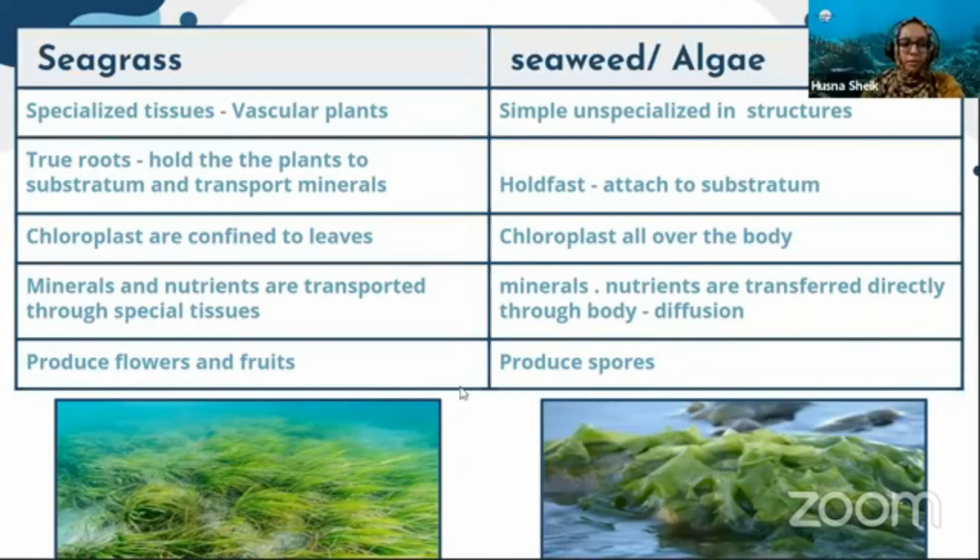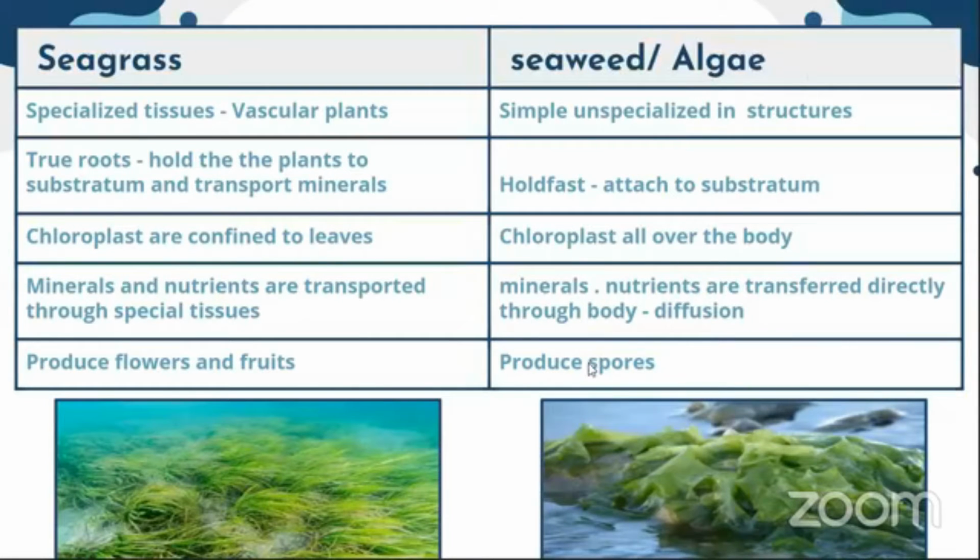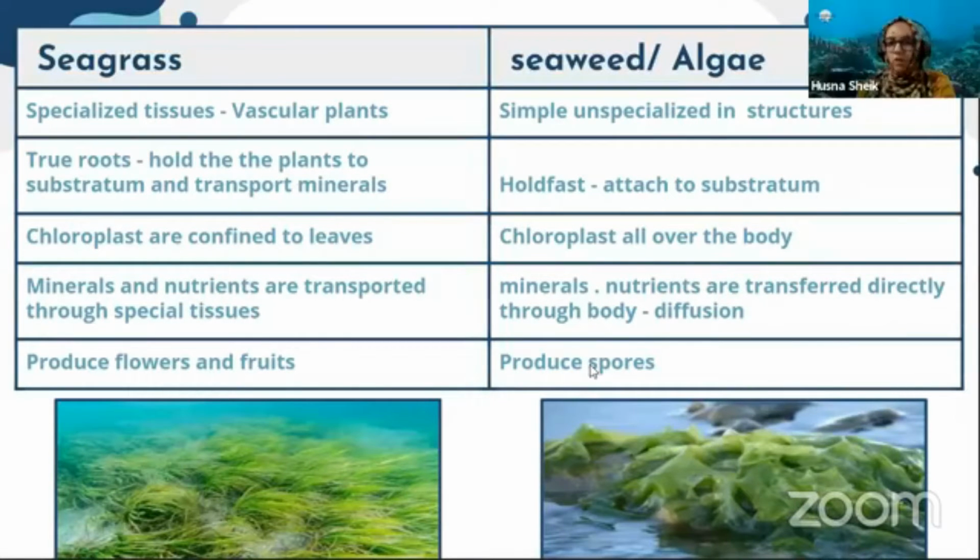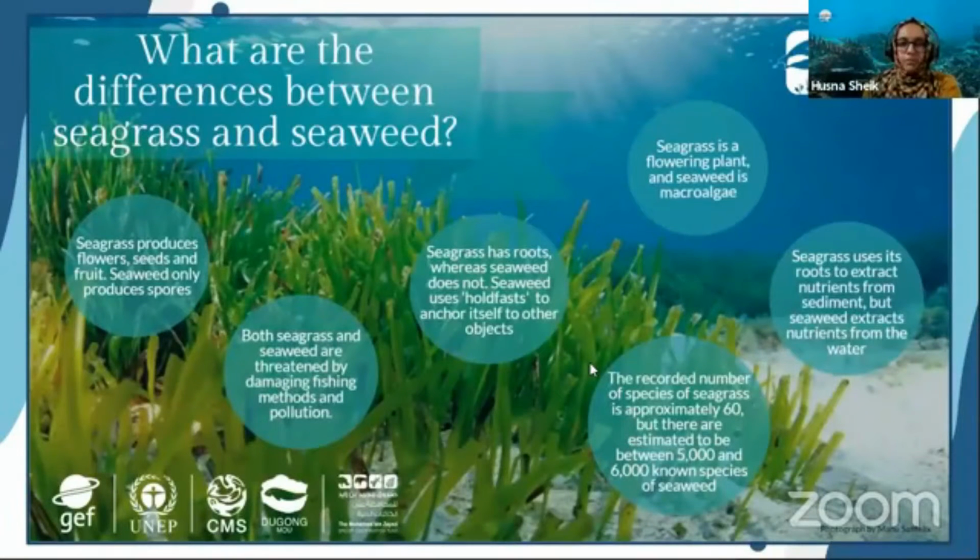Minerals and nutrients are transported through special tissues in seagrass. In seaweed, the minerals and nutrients are transferred directly through their body. Seagrass produce flowers and fruits, whereas seaweed produce spores. So those are the differences. Here is another picture that I have put, so clearly you can understand.